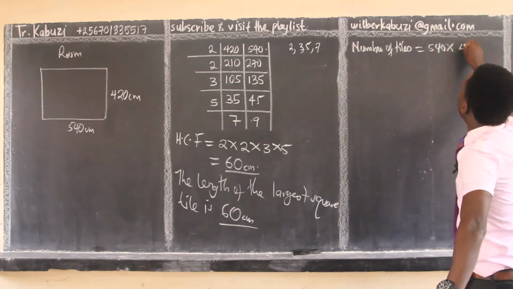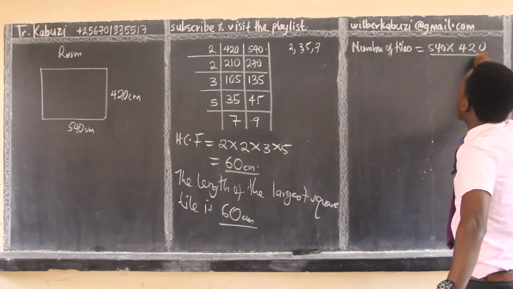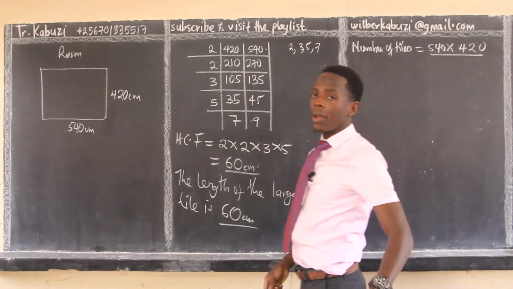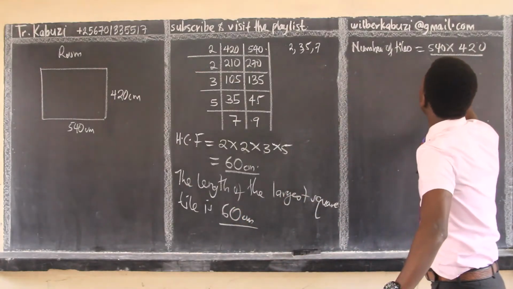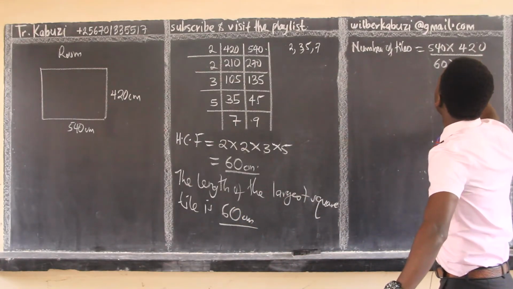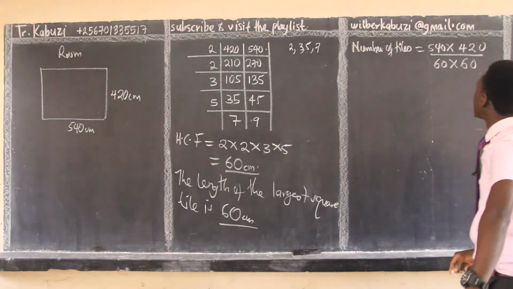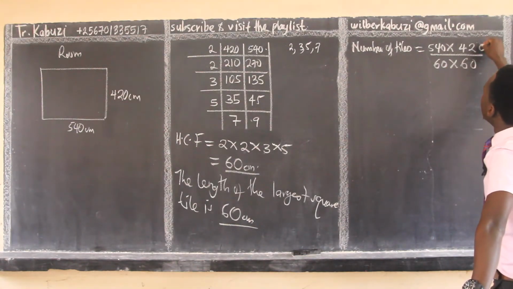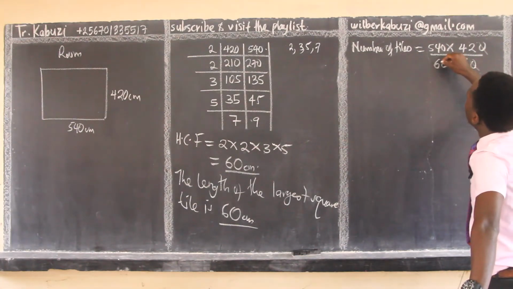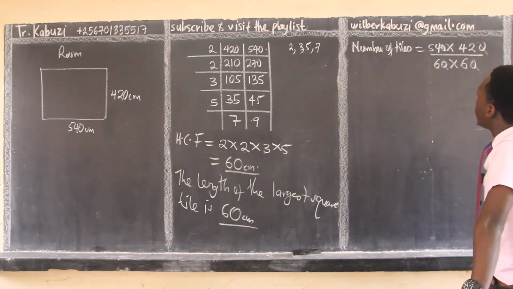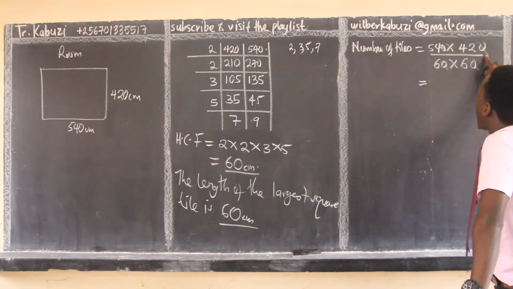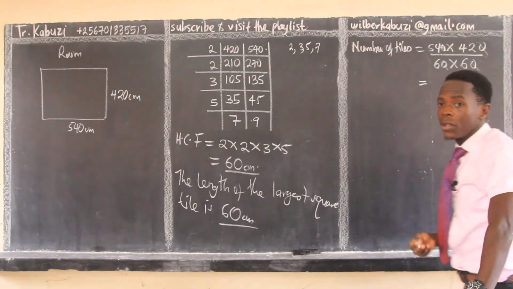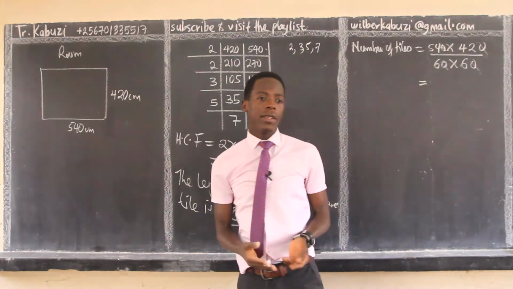times 420 over the area of the square. Note that the area of the square is s squared, so we get 60 times 60. Of course, this 0 will go with this, and this 0 with that. You can go slow or just pump it into your calculator.